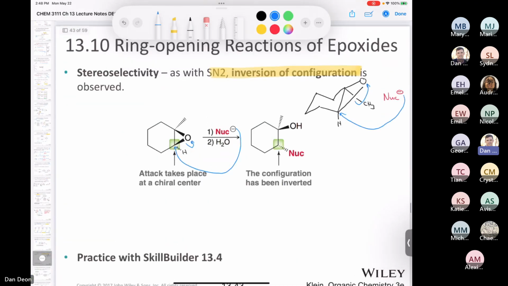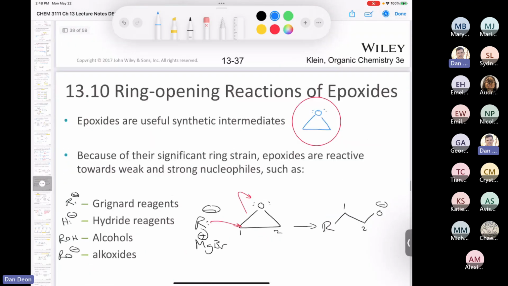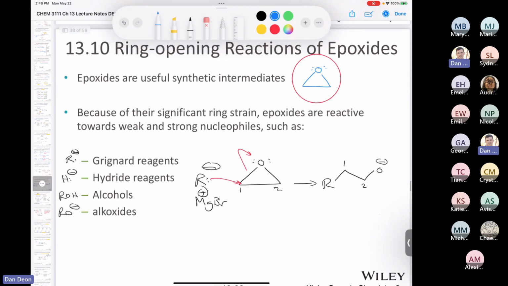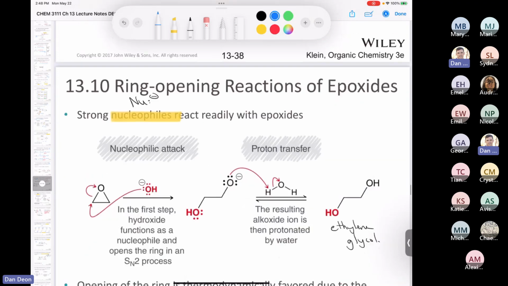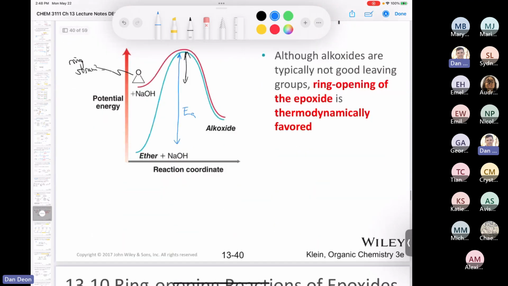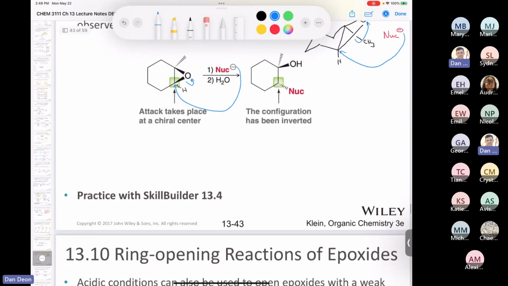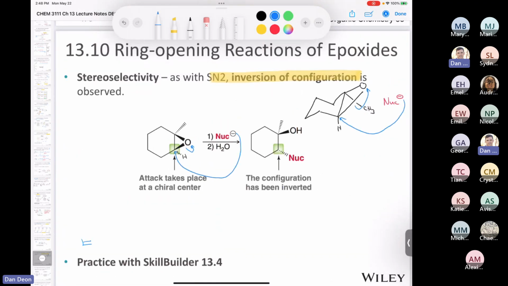So if you're following along with me, if you start here, we're starting with nucleophiles, and that's covered on this slide, 39, 40, 41, 42, 43, and that's the end. Just nucleophilic attack.